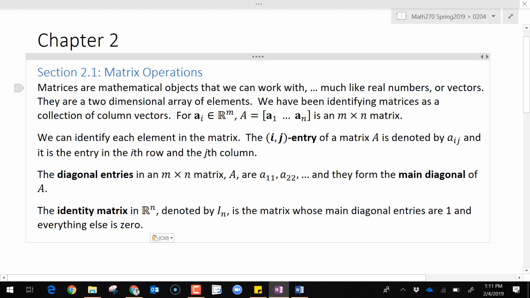The column vectors are going to be represented by, in this particular example, A1 through AN, where A1 has M elements, and A2 has M elements, A3 has M elements, etc.